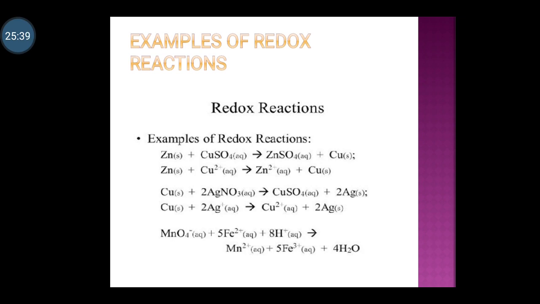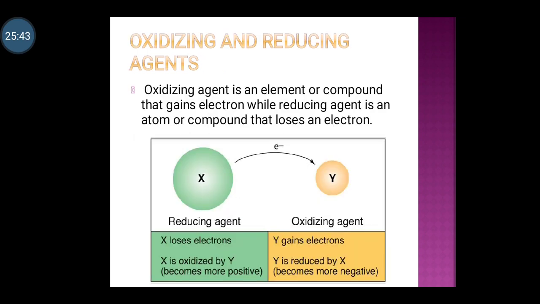All right. Now, let us quickly look at oxidizing and reducing agents. Just to remind you that redox reaction involves the transfer of electrons from one atom to another. Now, where one atom is giving out the electron, the other one is receiving.